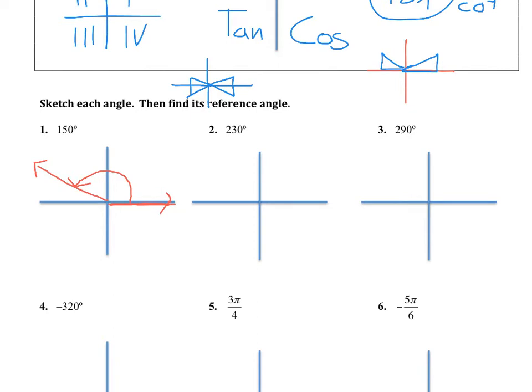If it's in quadrant 3, this is the triangle you draw. And in quadrant 4, draw it like that. So notice all 4 of those triangles use the x-axis, and none of them use the y-axis. So when you draw the triangle, you always use the x-axis and you never use the y-axis.